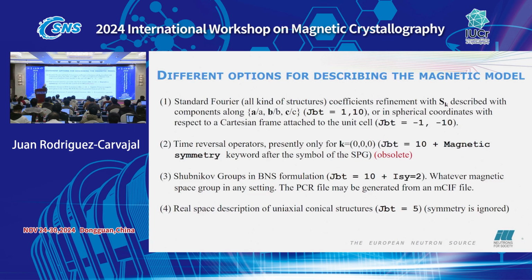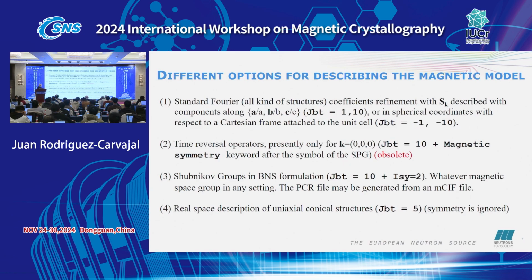The second way is very old, and it's obsolete now, because we were using time reversal operators, but without knowing the magnetic space group, or you just construct them by hand. This is obsolete now.